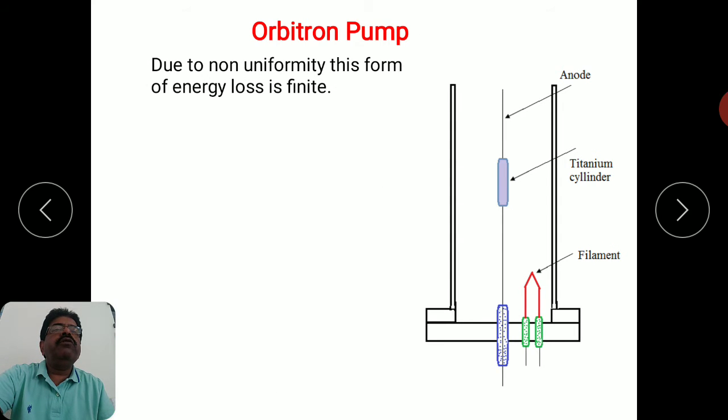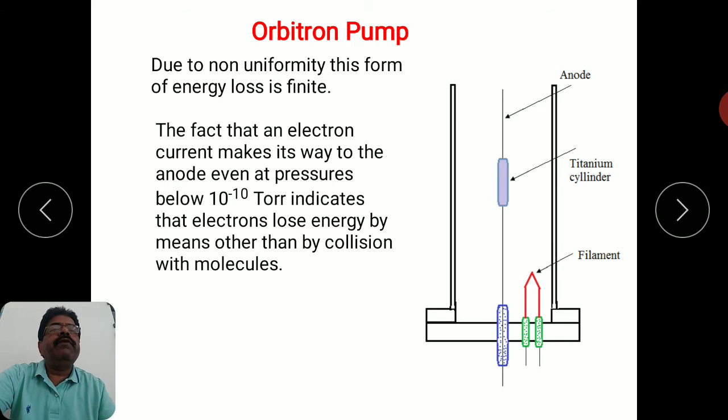Due to non-uniformity, this form of energy loss is finite, and an electron current makes its way to the anode even at pressures below 10 raised to minus 10 torr. So you can use this Orbitron pump for very high, ultra high vacuum.